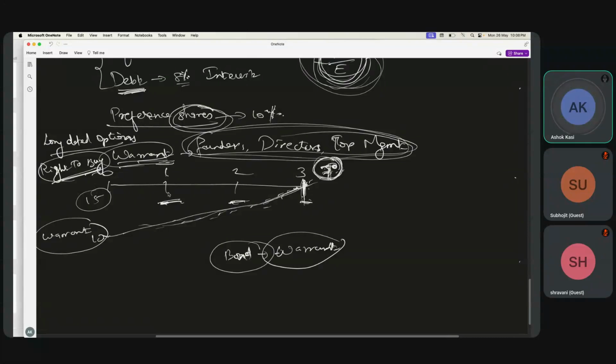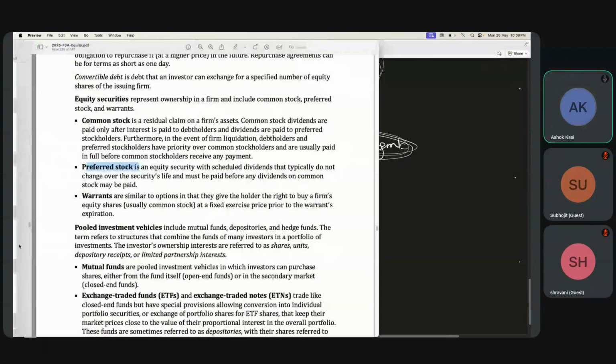Basically all you have to understand is, warrant does not pay any interest. It is also called long dated options, and it gives you the right to convert your warrant into equity at the time of maturity. Generally, it is valid for 3 to 5 years. This is warrant.